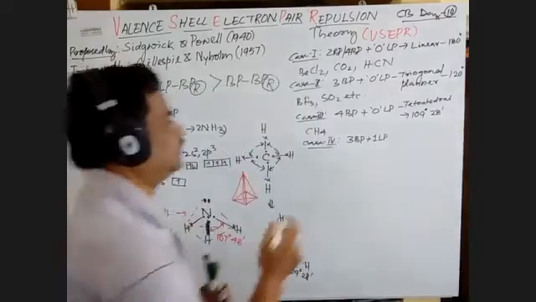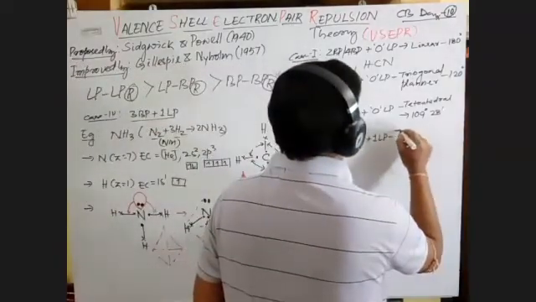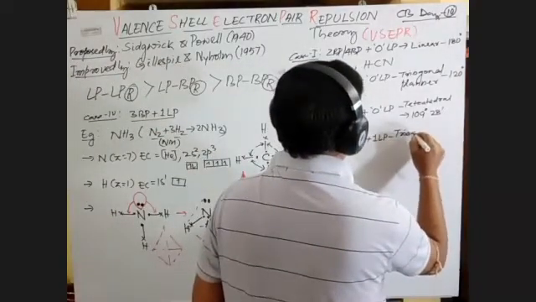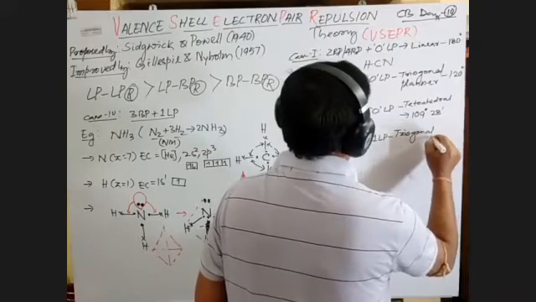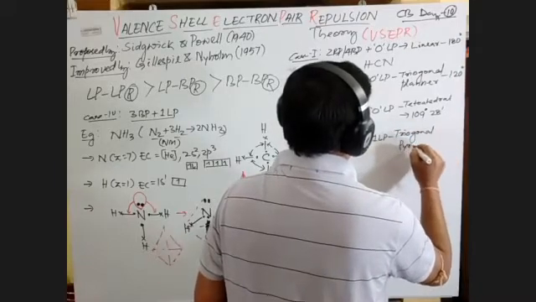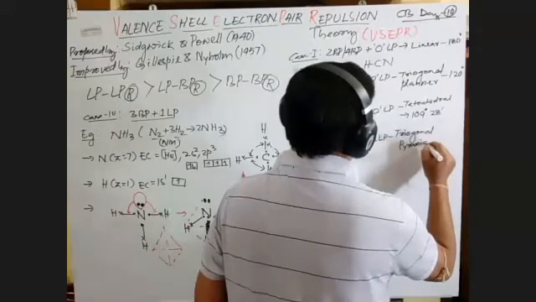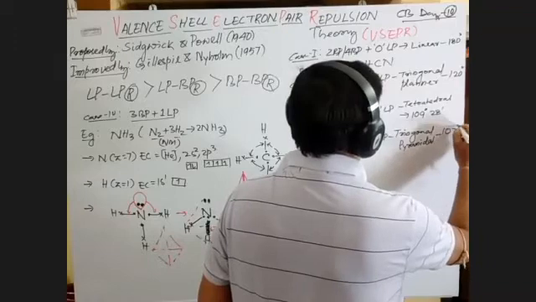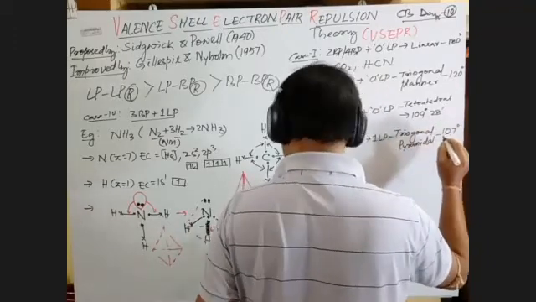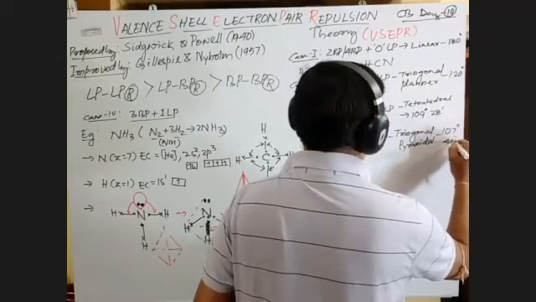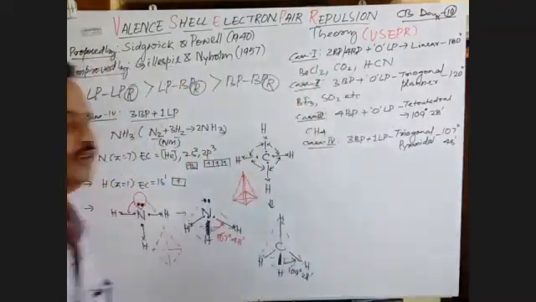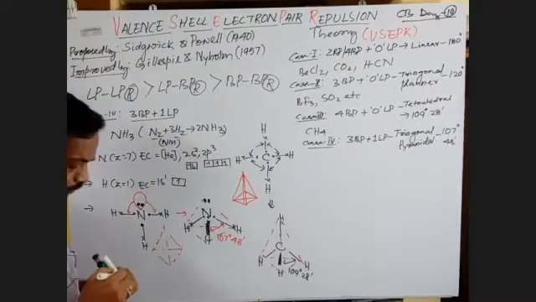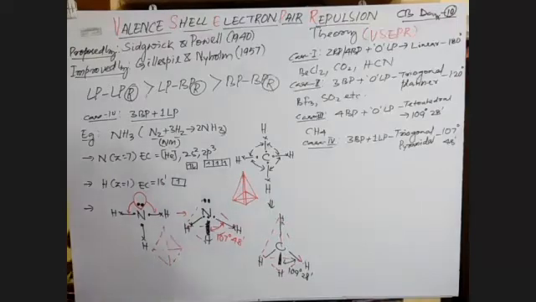Then the shape will be trigonal pyramidal, with a bond angle of 107 degrees 48 minutes. This is your case 4. Coming to case 5.